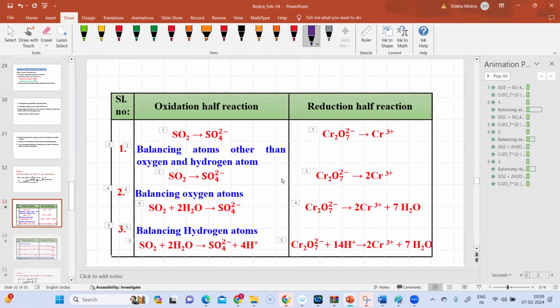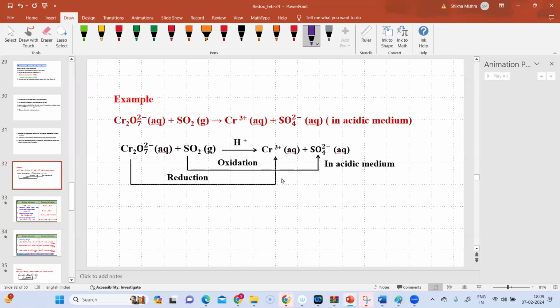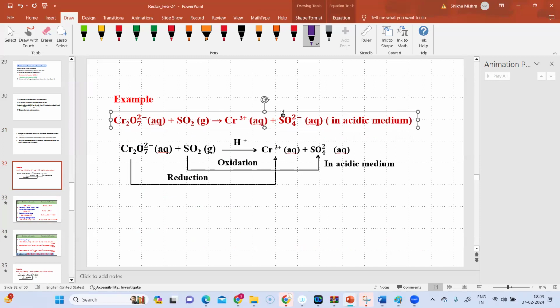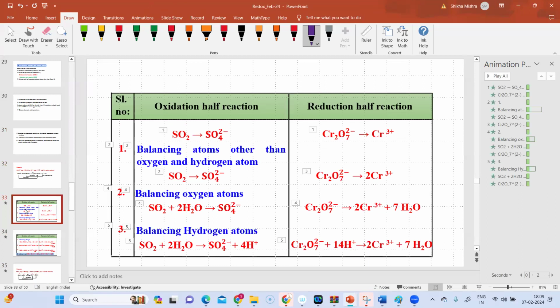We'll just take this example quickly, this reaction. The reaction can be given in this form, the upper one or the lower one. The first step is common to both the categories of balancing reactions.